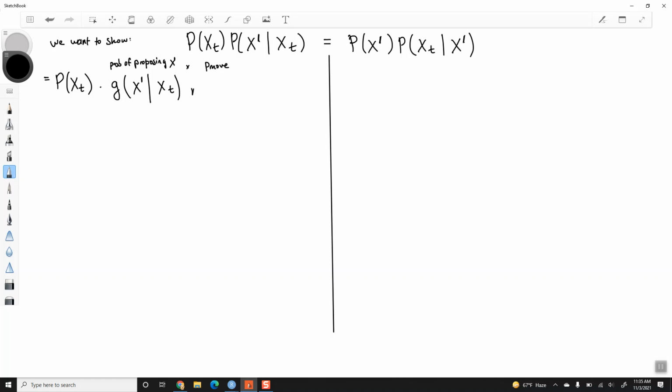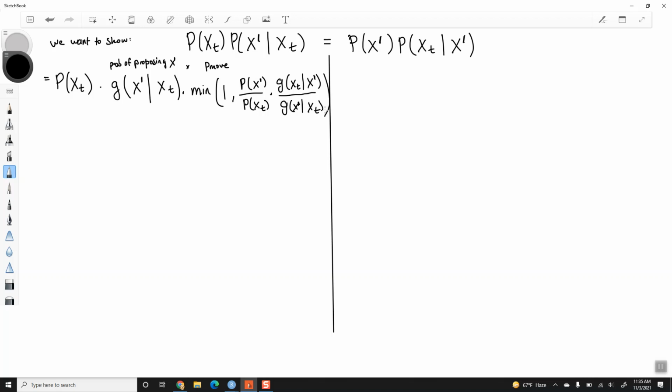The probability of moving there is the minimum of 1 and the probability at the target location at x prime over xt, times, from the Metropolis-Hastings, g of xt given x prime over g of x prime given xt.